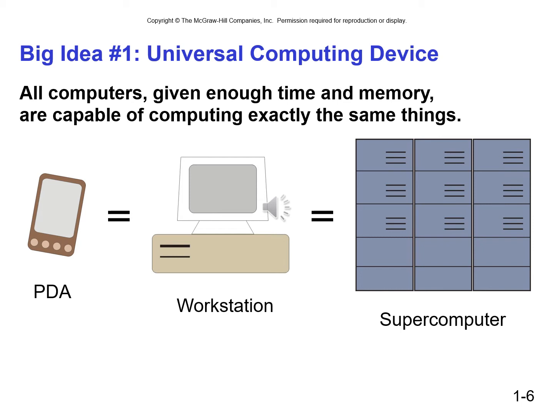So memory and time are two very important aspects of computing today, especially since human beings are an impatient crew. They want things now. They want things quickly. So keep in mind that yes, all computers, given enough time and memory, are capable of computing exactly the same thing. But those two constraints are critical to performance.